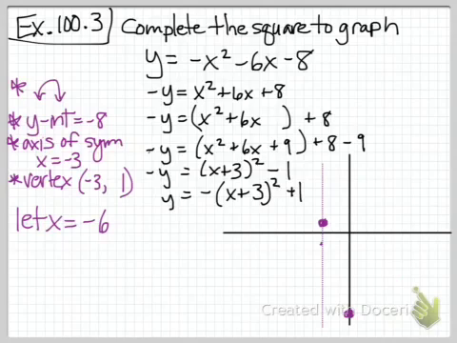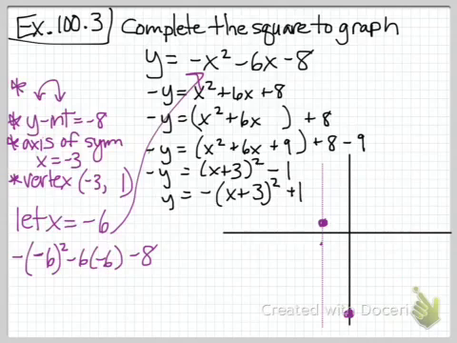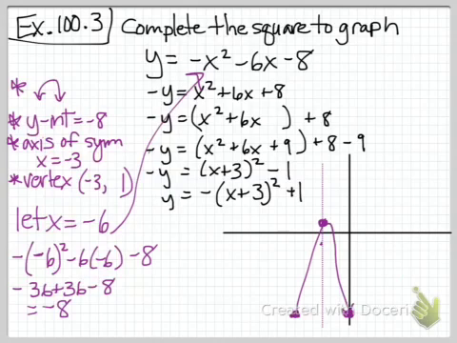I just like symmetry. So let x equal negative 6, plug it into your equation, negative 6 squared minus 6 times negative 6 minus 8. So we get negative 36 plus 36 minus 8, which equals negative 8. So when we go to (-6, -8), there's our point, and that is our parabola.